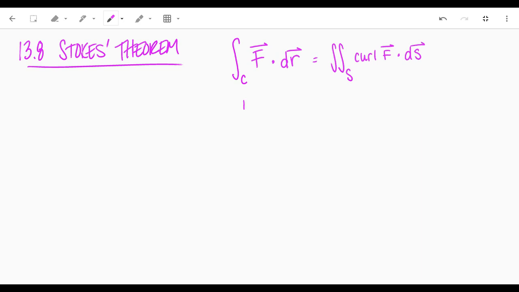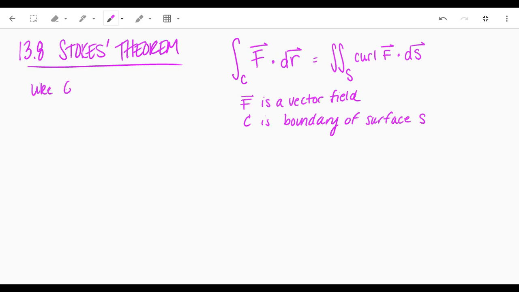Where F is a vector field, and C is the boundary of a surface S. Basically it's like Green's theorem, but S isn't flat.